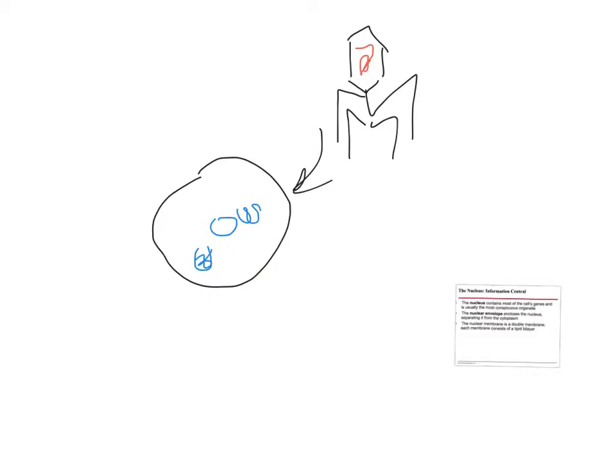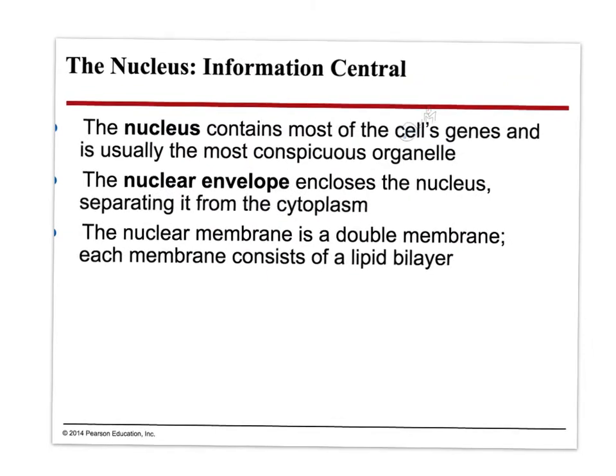Okay? So that is one way that cells have evolved from prokaryotic cells to archaea, and then eventually to eukaryotic cells that have the nuclear envelope.